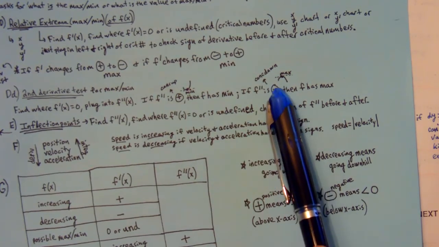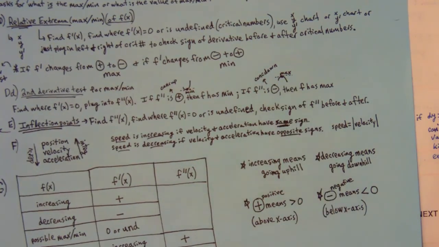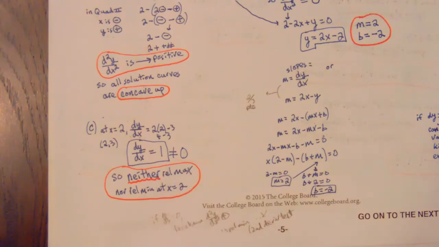If your second derivative is negative, that means your graph is concave down, which forces that to be a high point right there. So that would be a relative max. But it didn't ask for any of that, but that's what you do if I did get 0 for that first derivative.